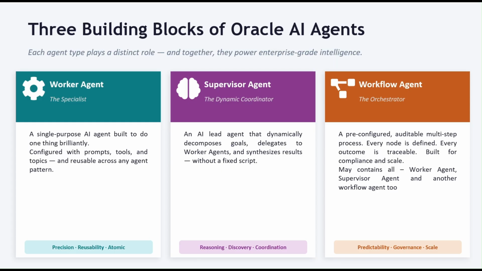Now coming on to the supervisor agent. Let's say a different patient walks in and says, doctor, I have chest pain and fatigue. That's it. No scan yet, no test result as of now, and we do not know what the issue actually is. The attending doctor doesn't follow a checklist for each thing.